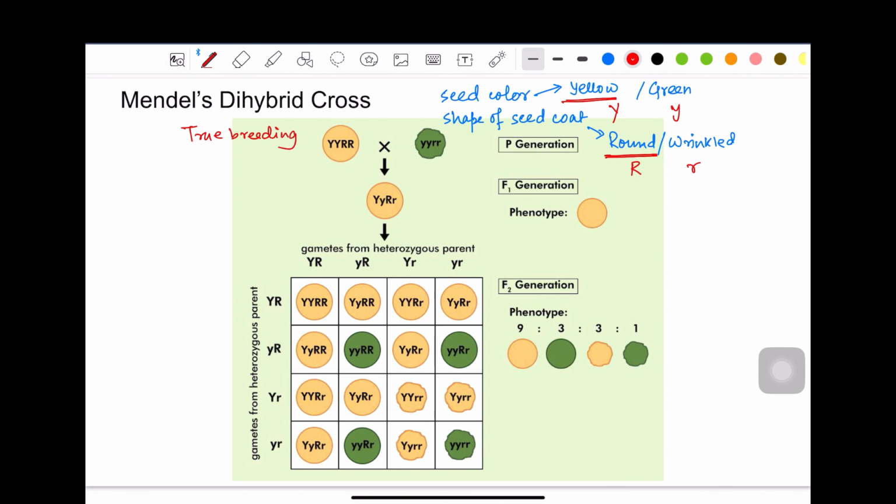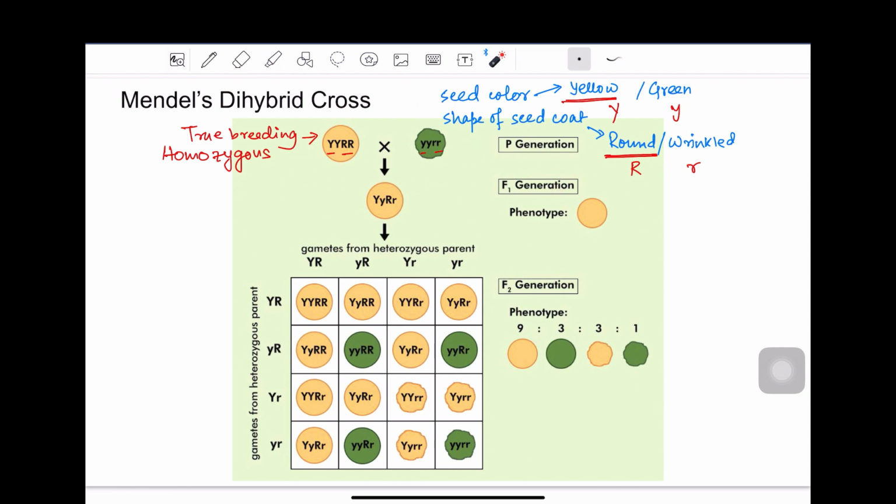True breeding means they are homozygous for both the characters. So these plants are homozygous for yellow and round, and green and wrinkled. So capital Y, capital Y, capital R, capital R was crossed with small y, small y, small r, small r. So these were the parental plants.